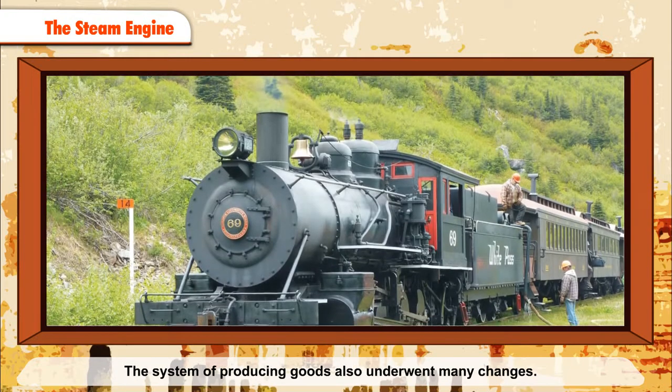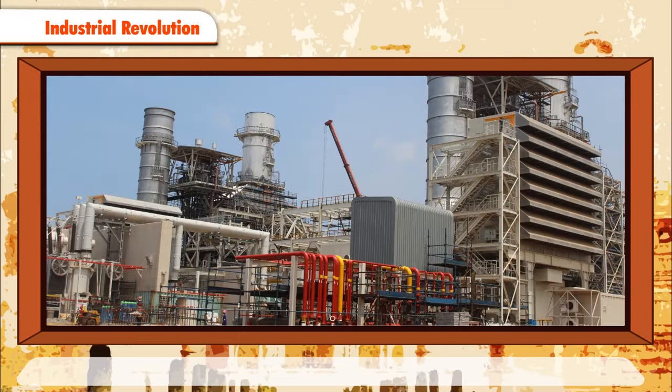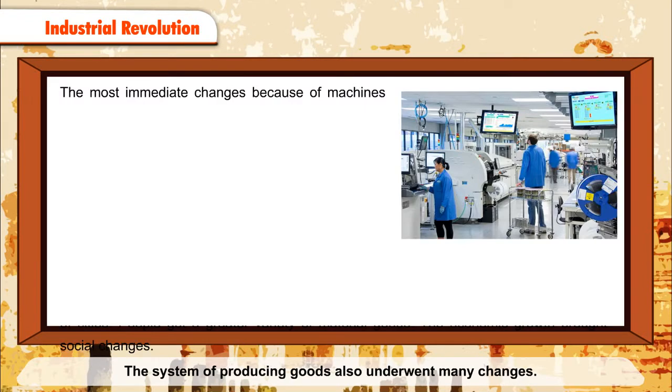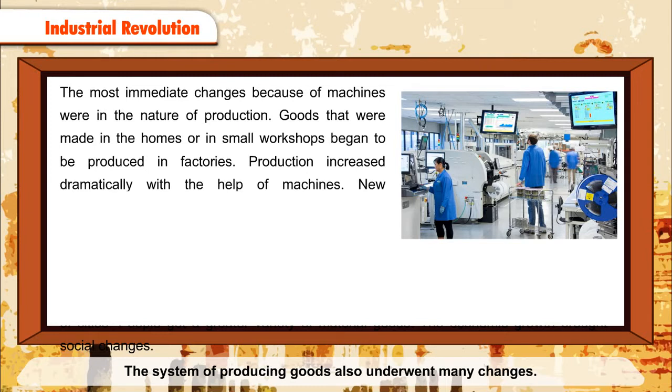The system of producing goods also underwent many changes. Industrial Revolution. The most immediate changes because of machines were in the nature of production. Goods that were made in the homes or in small workshops began to be produced in factories. Production increased dramatically with the help of machines. New industries developed.